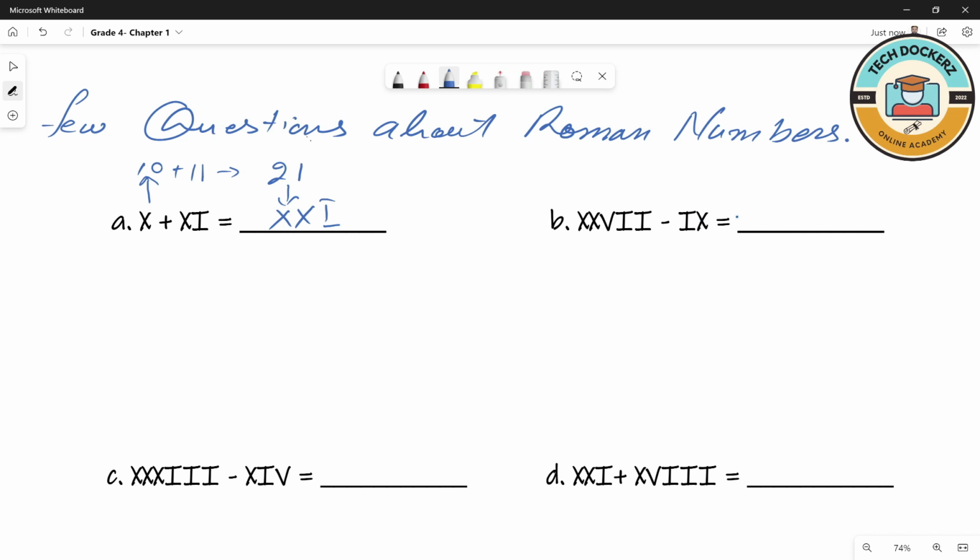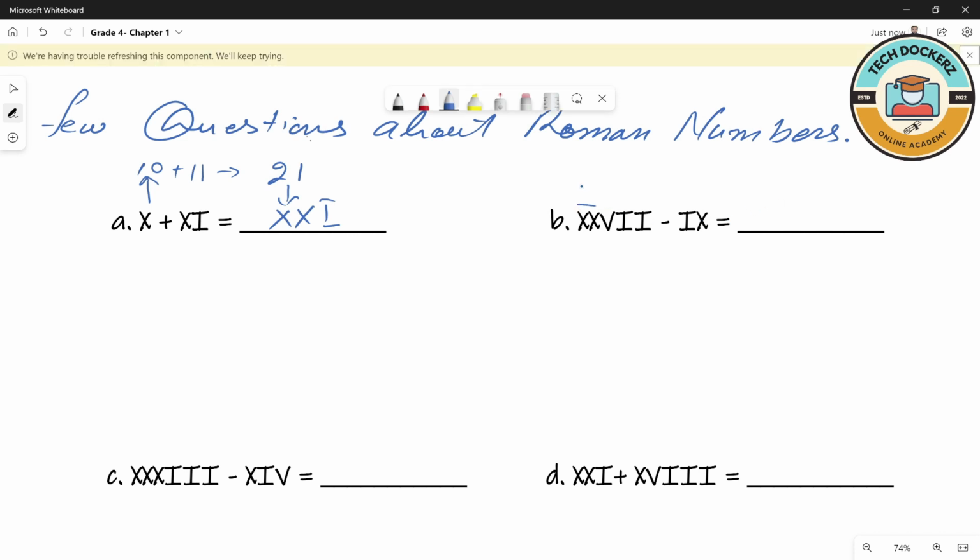Question B. XXVII stands for 20 plus 7, minus IX, which represents 9. So 27 minus 9 represents 18. How can we write 18? X plus 8.